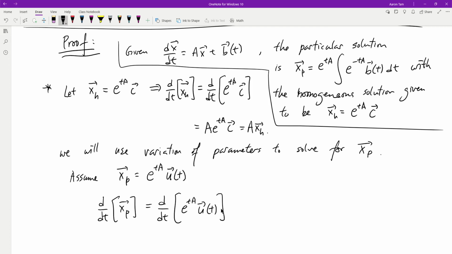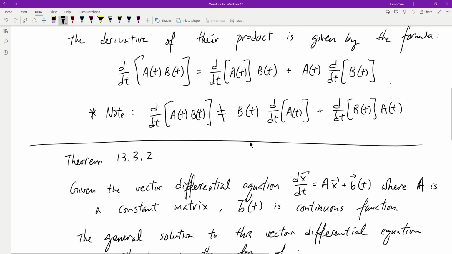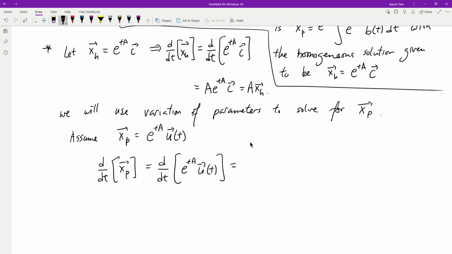So the product rule for differentiation of products of matrices now applies. This is my matrix A of t, and this is my matrix B of t.